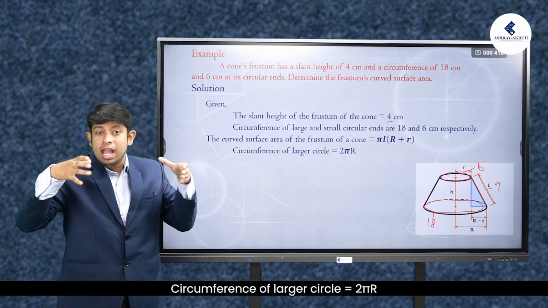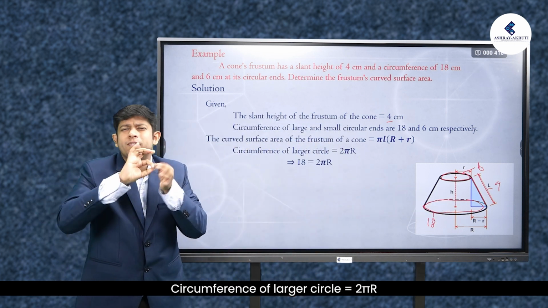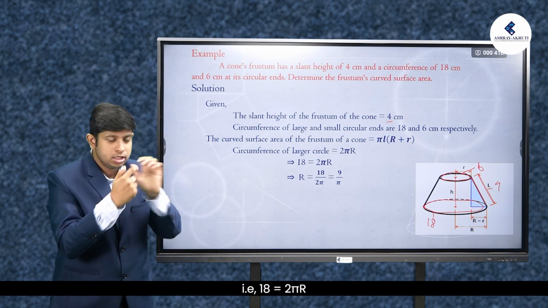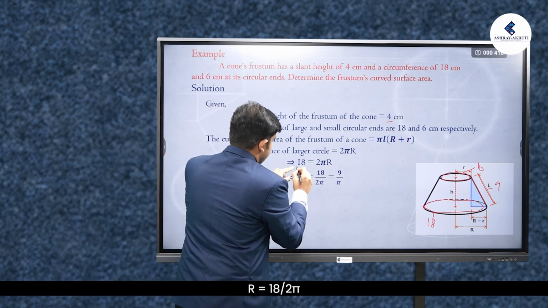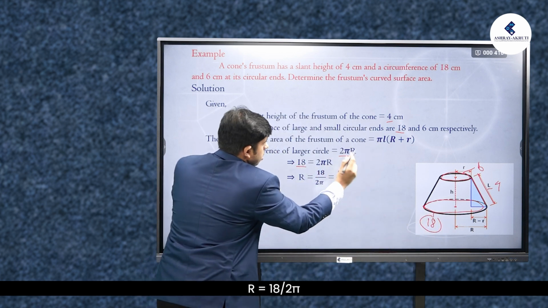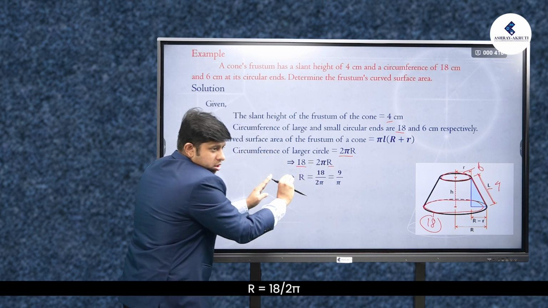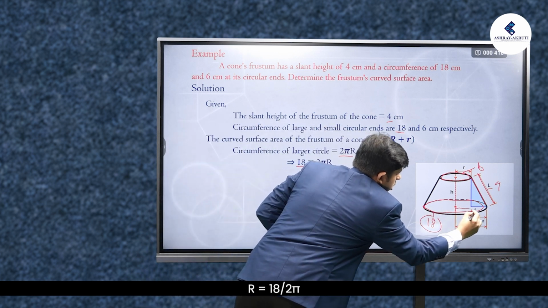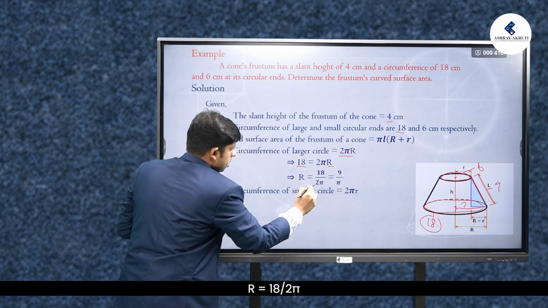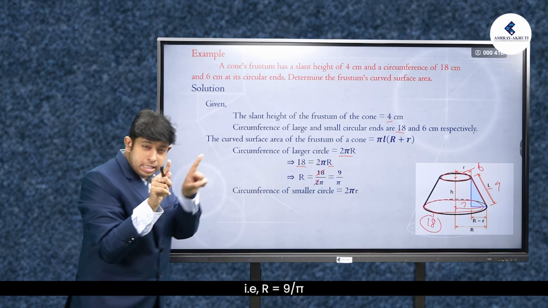Circumference of larger circle is equal to 2 pi R. That is 18 is equal to 2 pi R. R is equal to 18 by 2 pi. That is equal to 9 by pi.